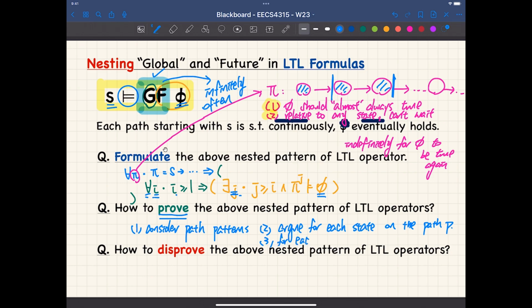For each state, where is the future state that satisfies phi? Okay, so these are the 3 general principles.